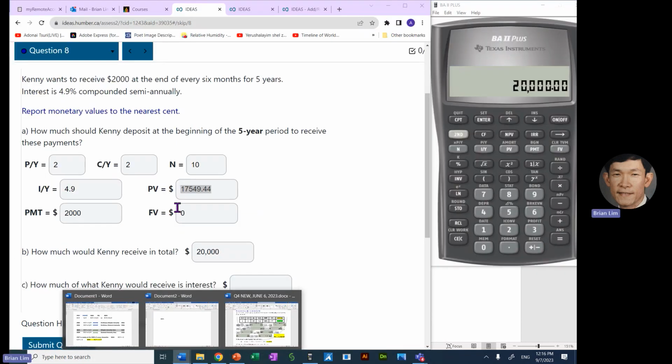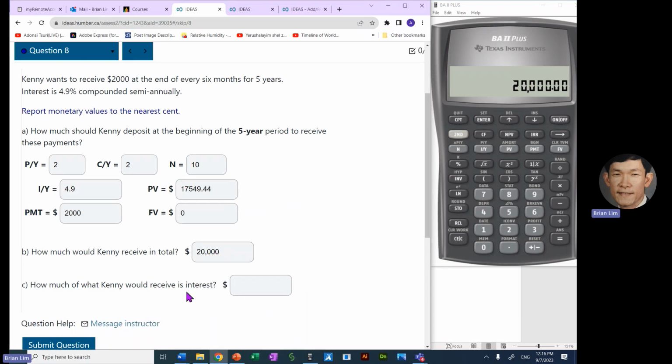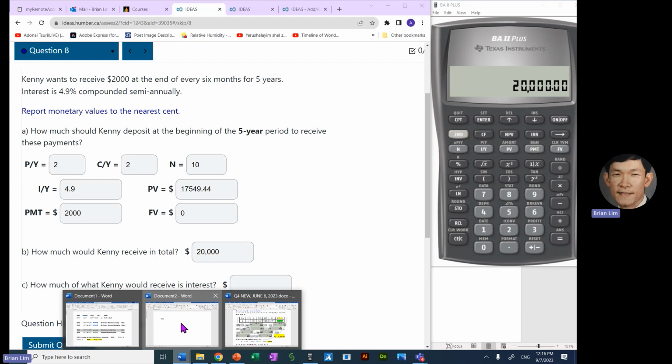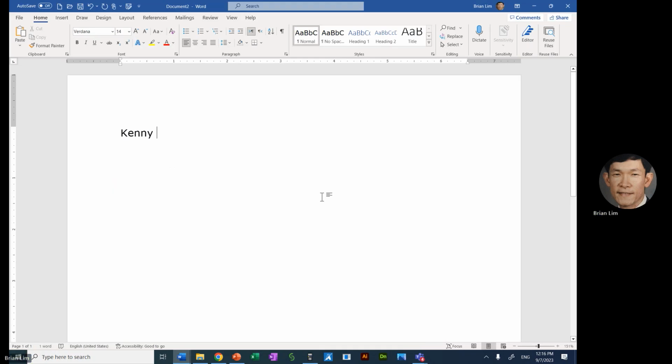So what do we want to know? How much is the interest? So we should put, Kenny receives interest in the amount of, okay, now we go.